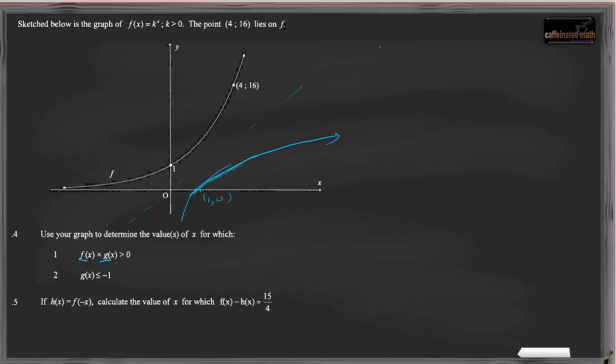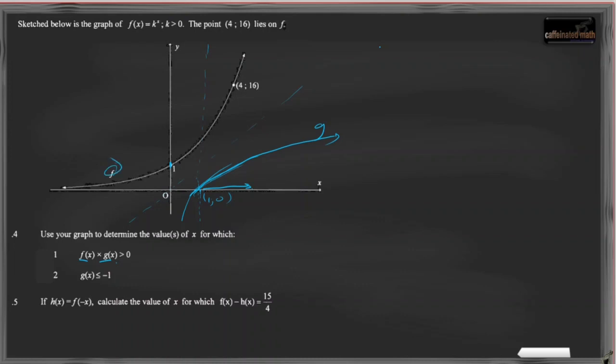So what we want is for this product to be positive, and we can see we already have the y-axis to indicate one important point. Then we can just delineate this with a dotted line to see that any value to the right of 1, or greater than 1, is going to be positive for both g and for f.